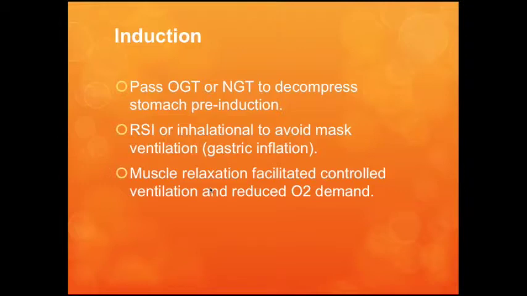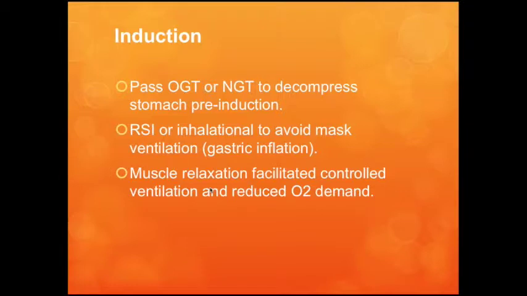I learned that the hard way when I was a fellow. NICU never paralyzed their babies, and I was doing a transfer from NICU, and I was going to paralyze. They said, "Oh, no, we don't do that." I didn't paralyze, and the kid was sitting in the 70s by the time I got to the operating room because I just couldn't ventilate them with them trying to fight me.